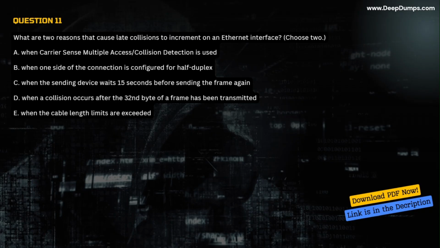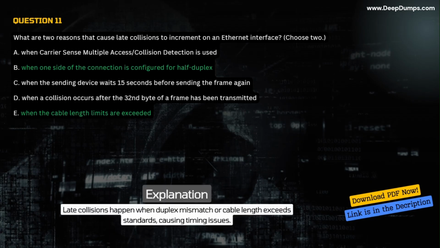D. When a collision occurs after the 32nd byte of a frame has been transmitted. E. When the cable length limits are exceeded. Correct answer B and E. When one side of the connection is configured for half duplex. When the cable length limits are exceeded. Explanation. Late collisions happen when duplex mismatch or cable length exceeds standards, causing timing issues.